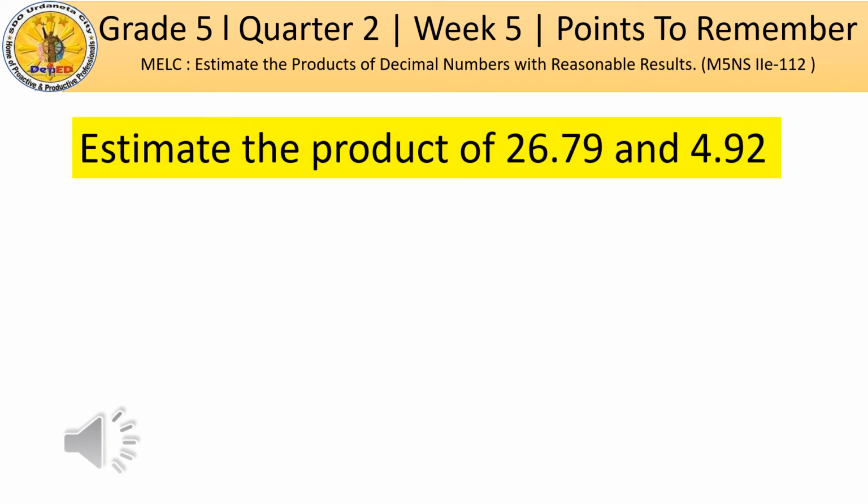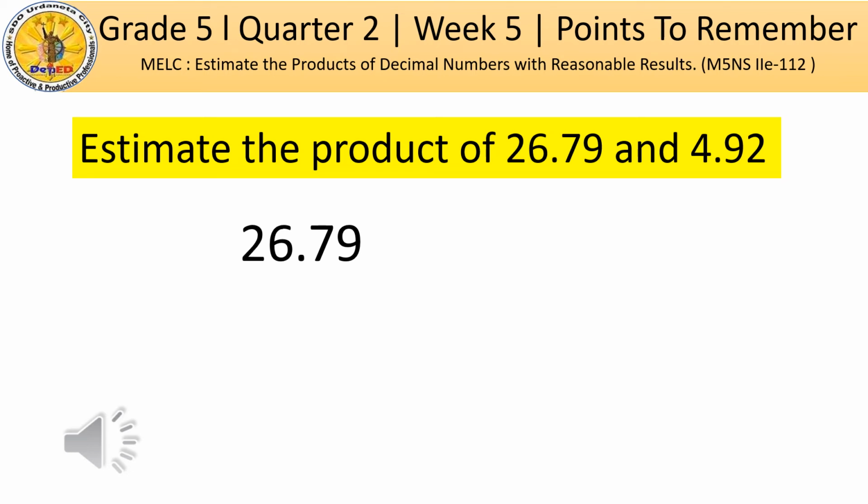Another example, estimate the product of 26 and 79 hundredths and 4 and 92 hundredths. So, we are going to round our factors to the nearest whole number. The highest place value for our first factor, which is 26 and 79 hundredths, is in the tens place.